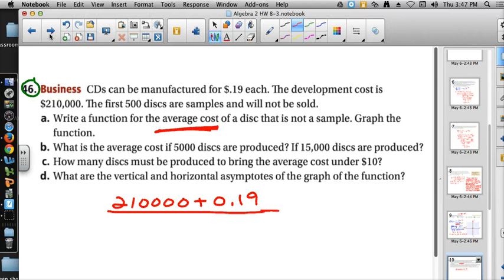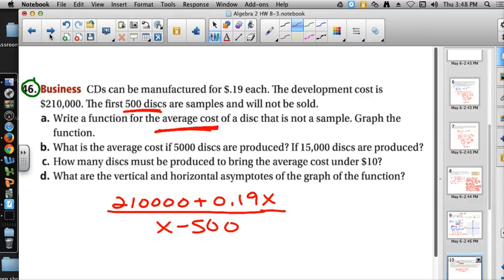Oh, first I better put x pieces on here since we don't know how many we're going to make. Divided by how many total we have. Now, unfortunately, it's the total that we're going to make money on. And they said the first 500 of those are just samples. They're not going to sell those. So however many we make, we're going to have to subtract 500 from that in order to find out what that average cost is going to be.